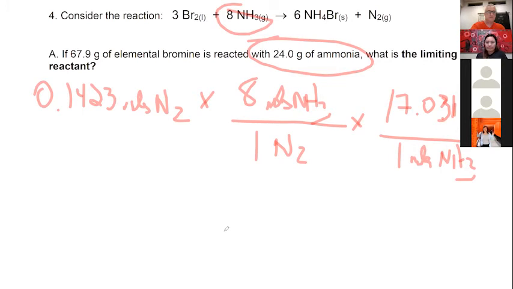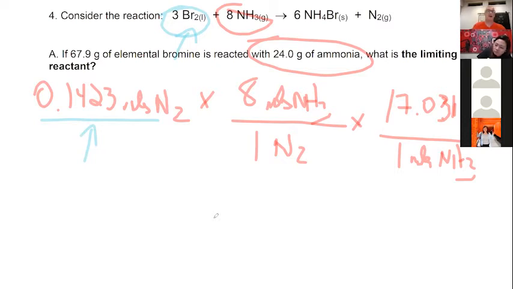But wouldn't you use 0.17 instead? No, because that could never be made, because bromine is the limiting reactant. So the most amount of product that could be made is this much, because when all the bromine is used up, the reaction stops. So bromine would have made this much. And since it's limiting, that's how much gets made. That's like the definition of limiting reactant.